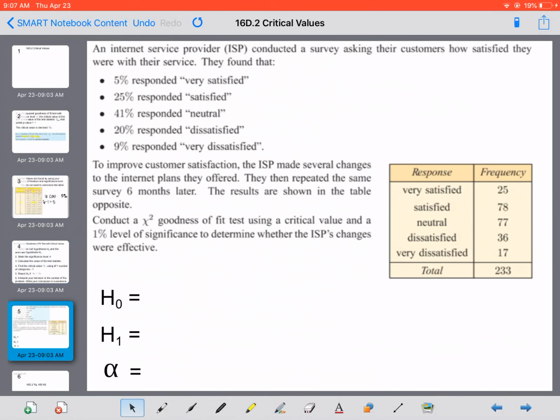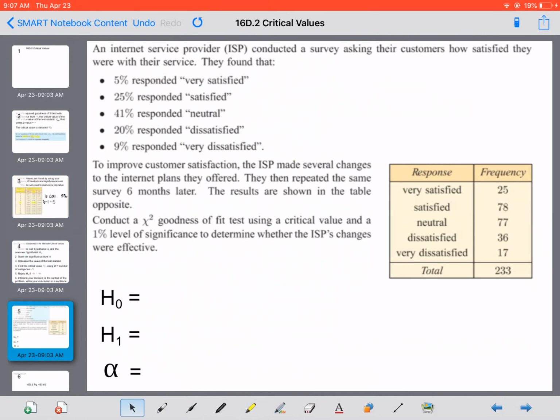So we have an internet service provider, we're going to call it ISP, that conducts a survey asking customers how satisfied they were with their service. And it says 5% responded very satisfied, 25% satisfied, 41% neutral, 20% dissatisfied, and 9% very dissatisfied. So to improve their customer satisfaction, they've made several changes and then repeated that same survey 6 months later.